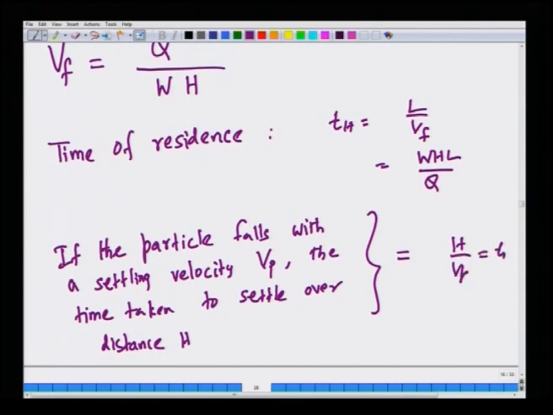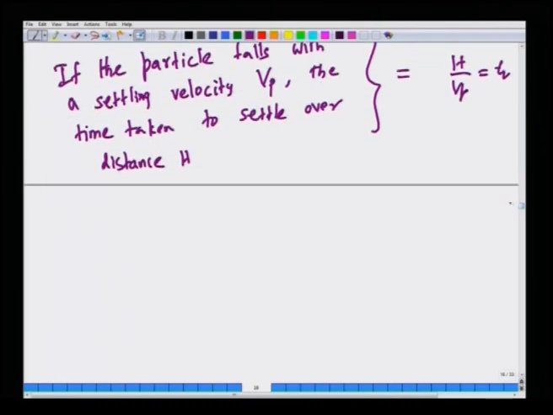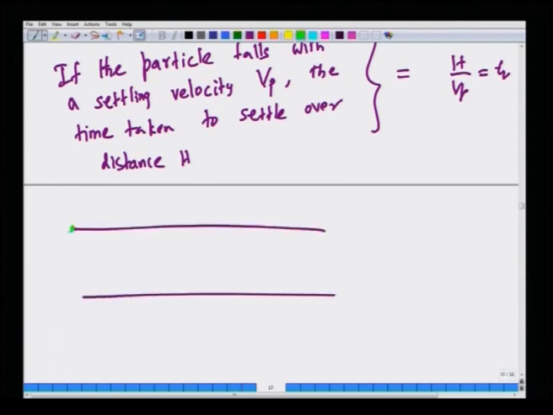Let us call it T v. Now, imagine that we wanted a particle which started at A and ends exactly at B. For such a particle, the time of residence, which is the time it spends over a length L, must be exactly equal to the time of settling. So T h is the residence time, and it must be equal to the settling time.